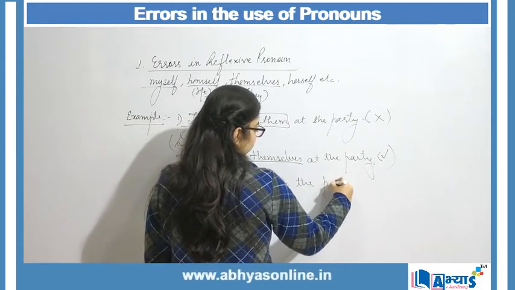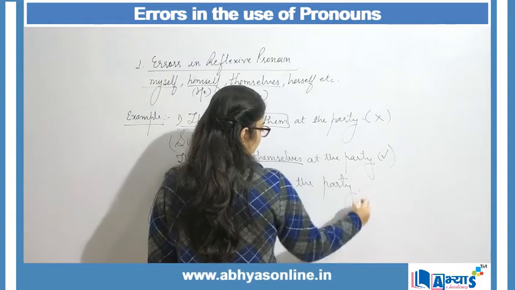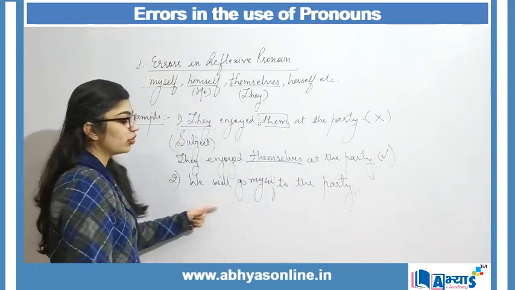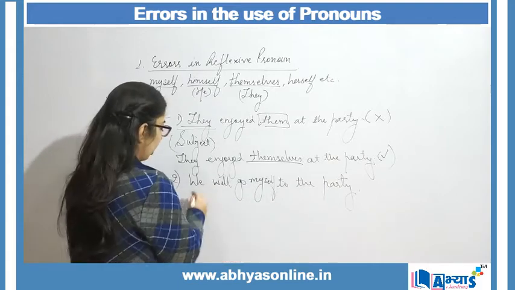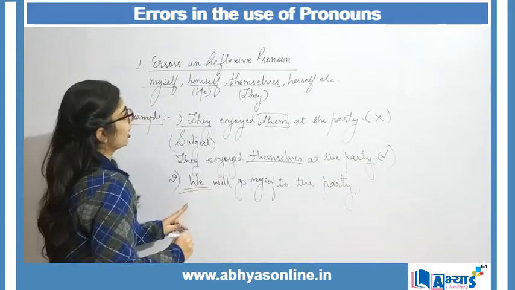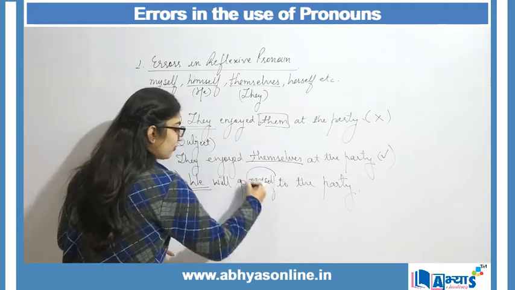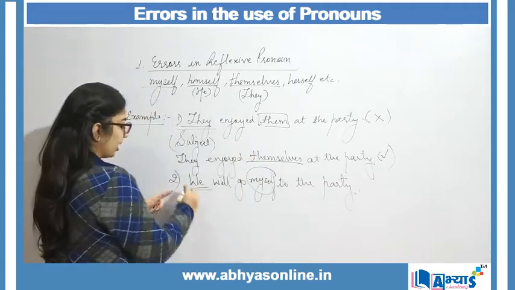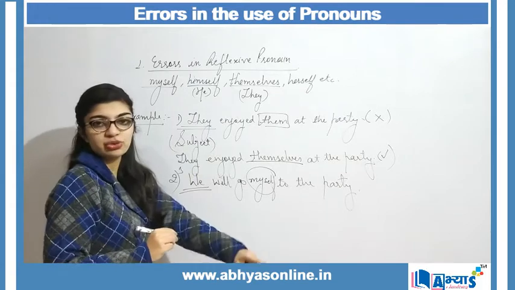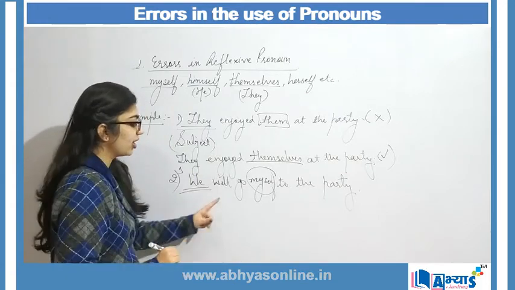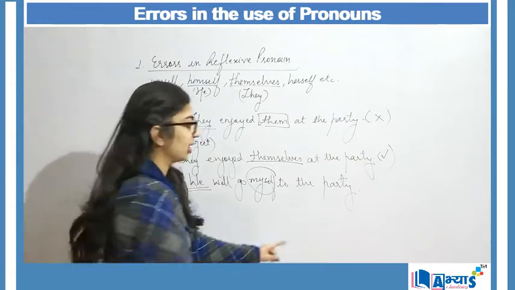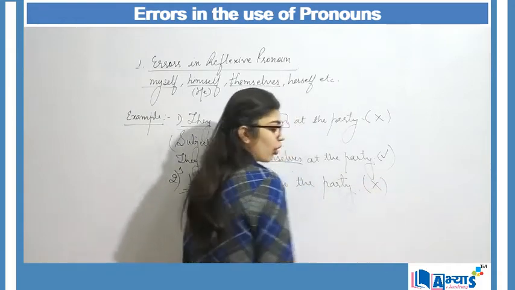Now when I say we will go myself to the party, we changes to ourselves. So myself over here is wrong. Either I will say I will go myself to the party, or we will go ourselves to the party. So this sentence is wrong.